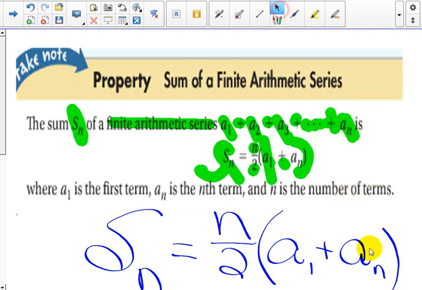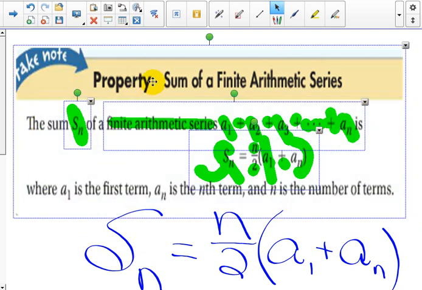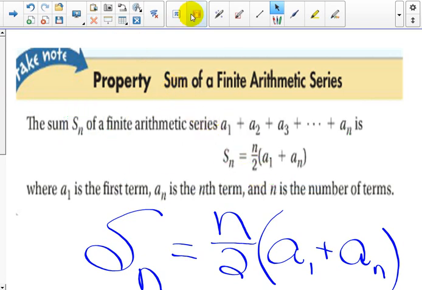Okay, let me clear this. There we go. So again, it's right here. The sum of a finite arithmetic series is denoted by capital S sub n.